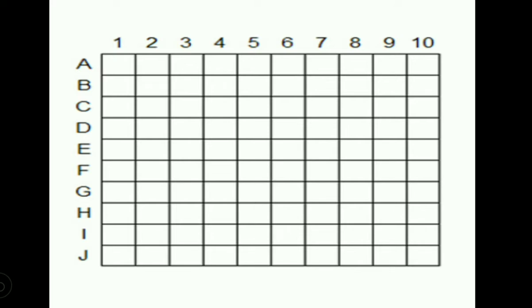Just observe the figure. All the vertical lines indicate numbers, and the horizontal rows are marked with alphabets. These horizontal and vertical lines intersect each other.